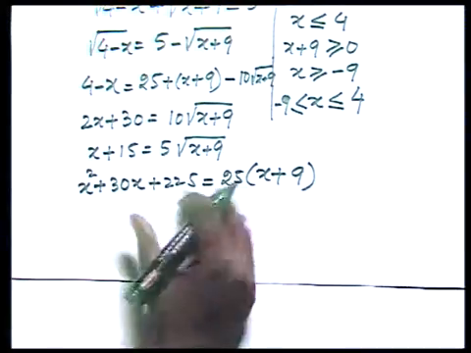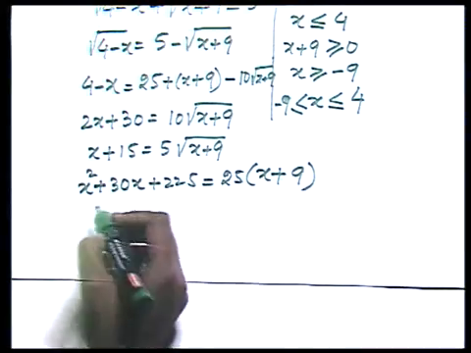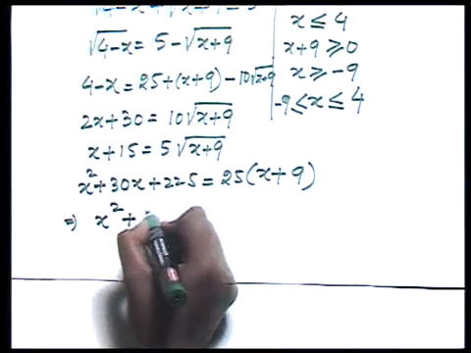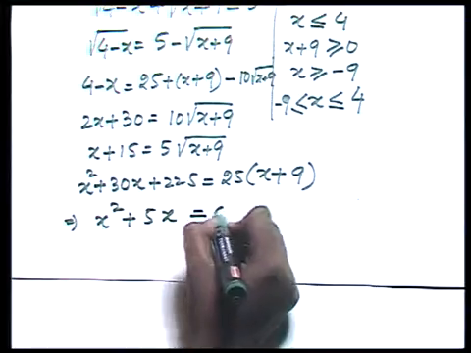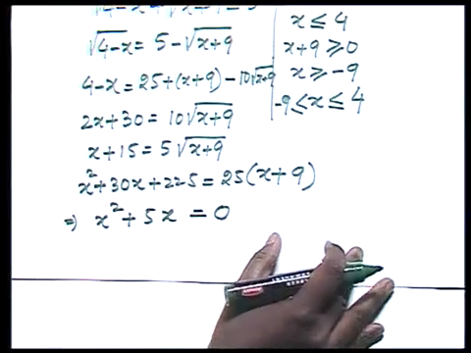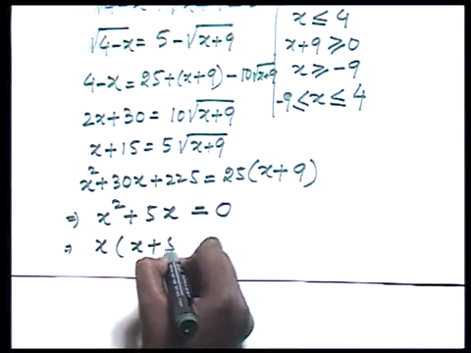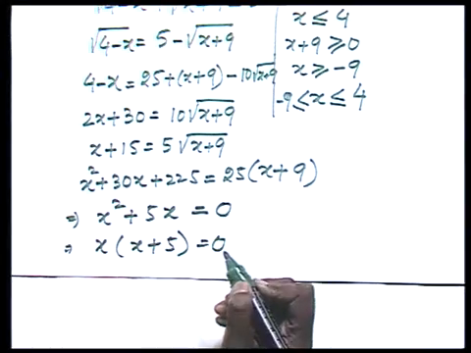Taking all these terms to the left hand side, we finally get the equation as x square plus 5x equal to 0, or x into x plus 5 equal to 0.